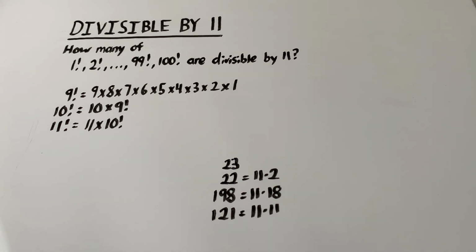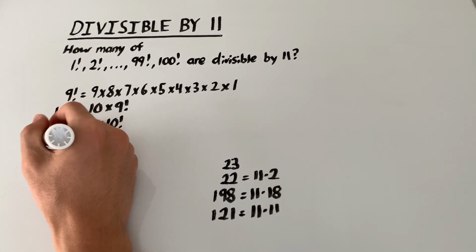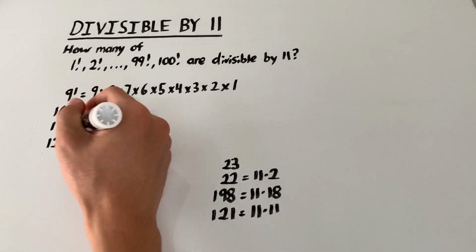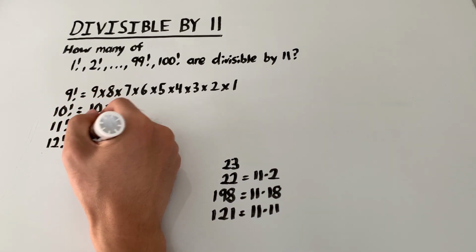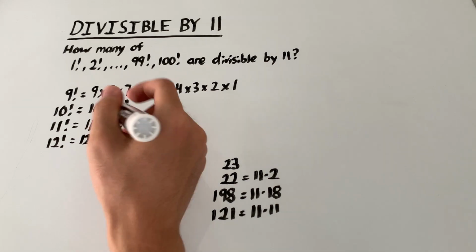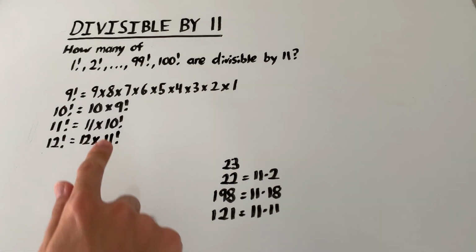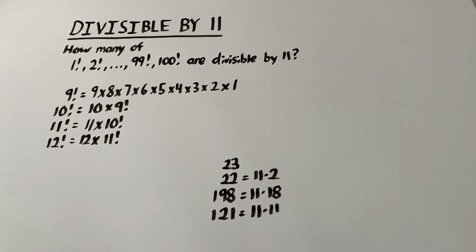How about 12 factorial? 12 factorial is just 12 times 11 factorial. And since we already found that there is a factor of 11 in 11 factorial, that means there's a factor of 11 in 12 factorial as well. So 12 factorial is divisible by 11.